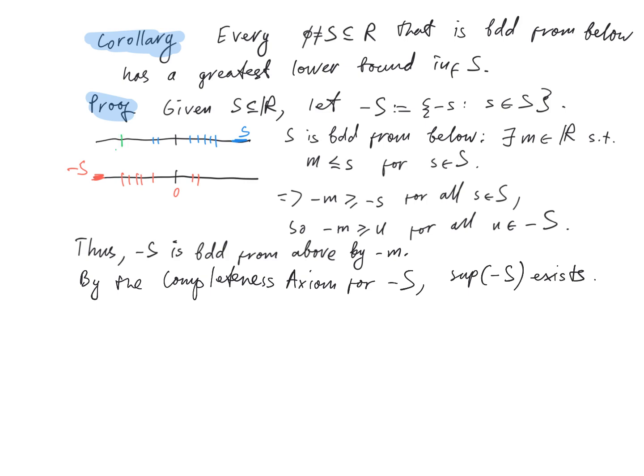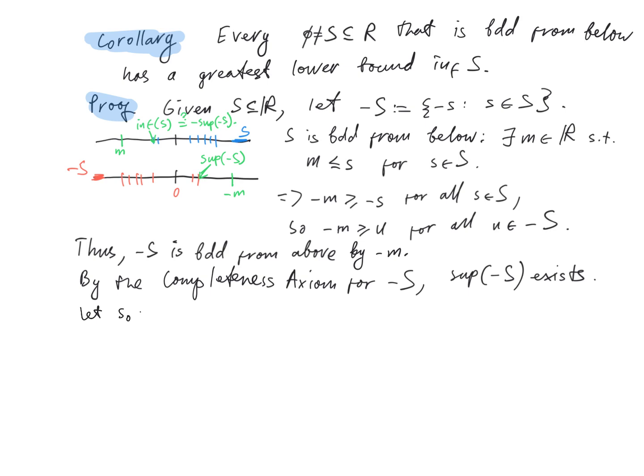So we started with m, which gave us a lower bound for S. And we have observed that minus m provides an upper bound for the set minus S. The completeness axiom for the set minus S provides us with an element corresponding to the supremum of the set minus S. Again, looking at the symmetry of this picture with respect to 0, it's natural to expect that the infimum of the set S should correspond to minus the supremum of the set minus S. Indeed, this is what we're going to prove in a moment.